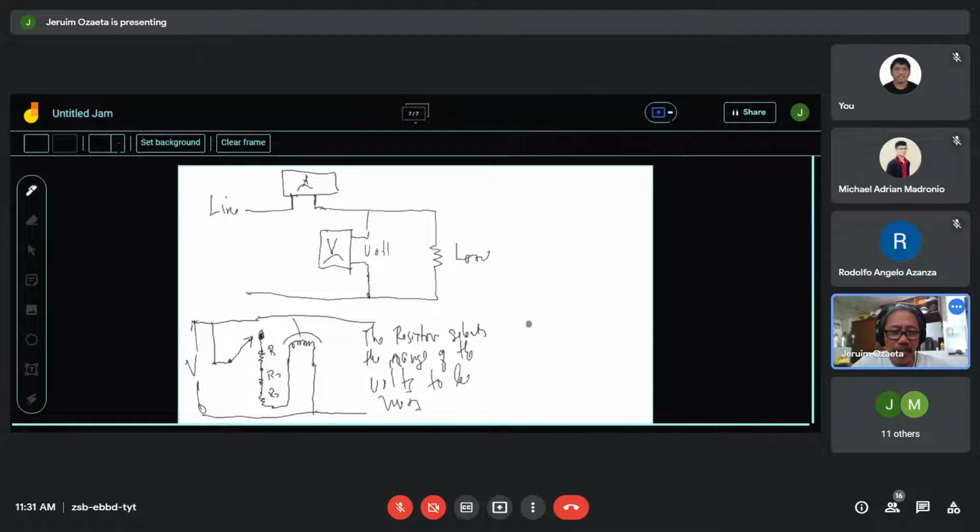Making note that this is the coil resistance. You select the switch.